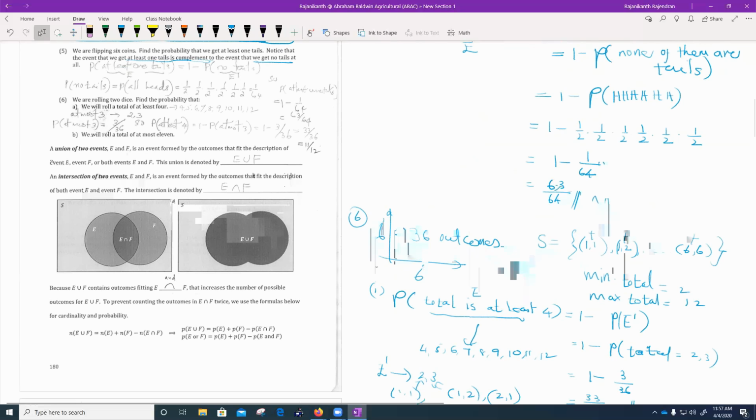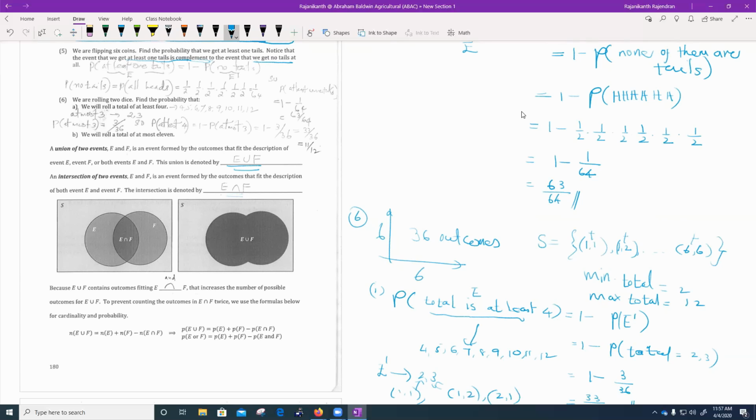So now let's move to another definition, the union of two events. The union of two events, E and F, is an event formed by the outcomes. Remember, in chapter 3, we had the union of two sets, right? In a similar way here, if you want to take the union of two events, we are simply combining the outcomes from both events E and F. The combined event is given by E union F. In a similar way, the intersection of two events is given by E intersection F, right?